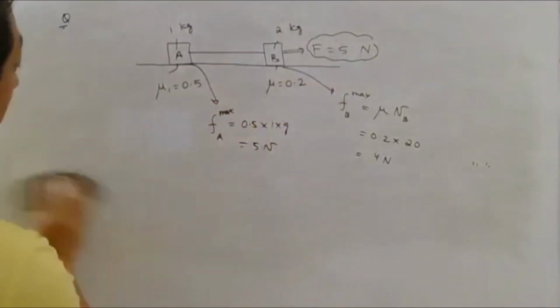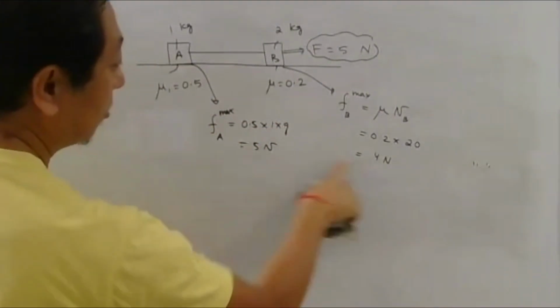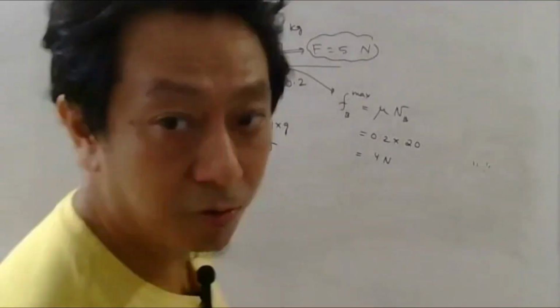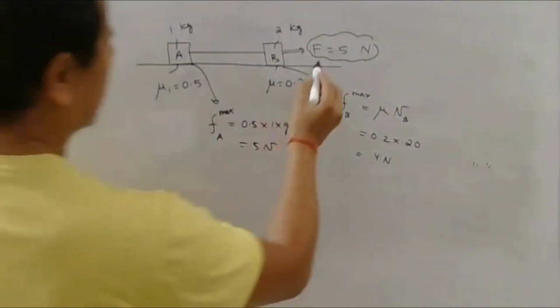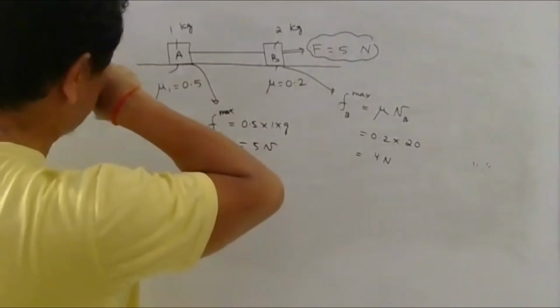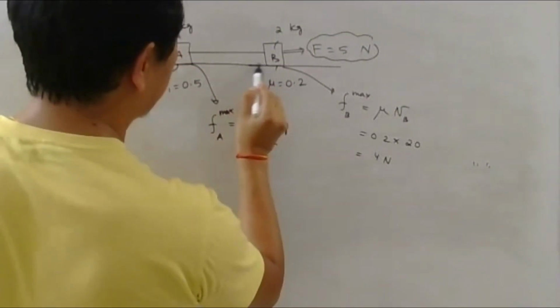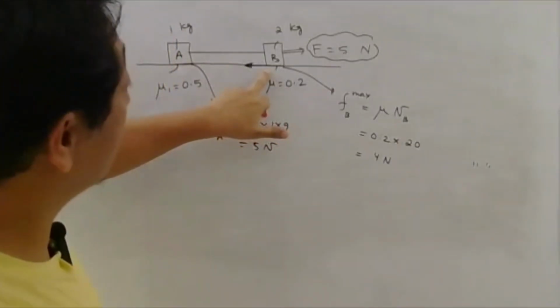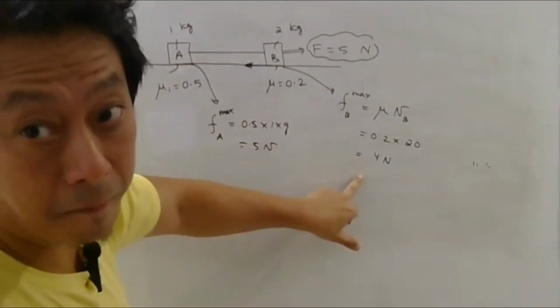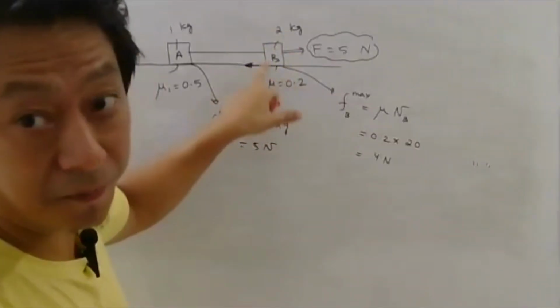Now what are the frictions? Don't say these two are friction. These two are maximum friction. Now we need to check. You have applied 5 Newton. Here friction can go up to how much? Up to 4 Newton. But this is at rest.